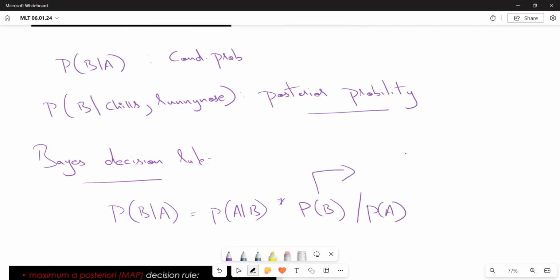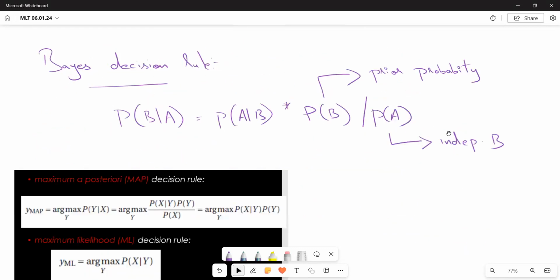This is the prior probability, that is, without observing data values. And your P of A is completely independent of B. And your P of A given B, what does this indicate?